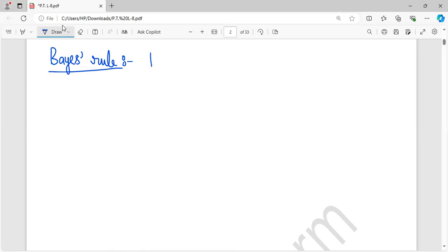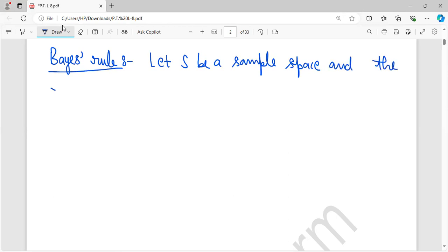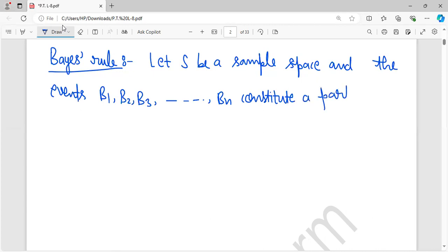Let S be a sample space and the events B1, B2, B3 up to Bn constitute a partition of S.